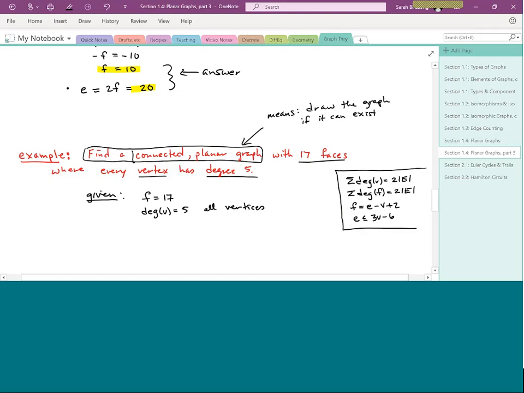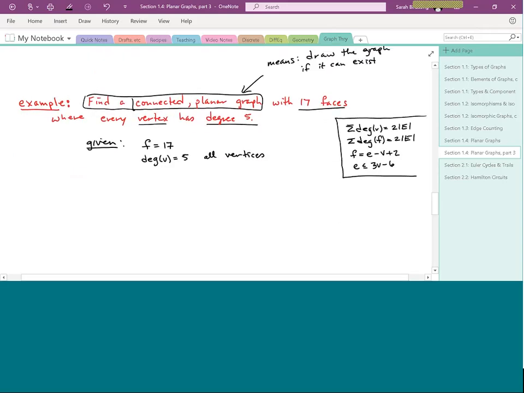Okay? So in this case, when we start using this information, we're looking at the degree of vertices. So when we start tying stuff together, the formula that would be the smart one to use is that very first one that talks about the sum of the degrees. So here, I'll go ahead and rewrite the formula.